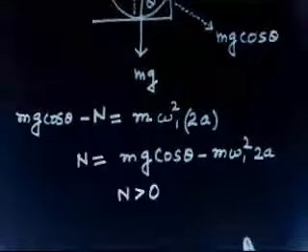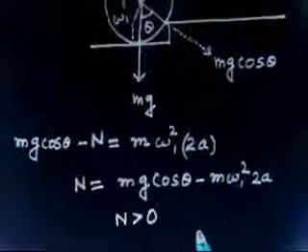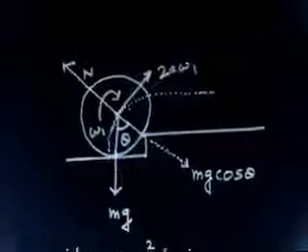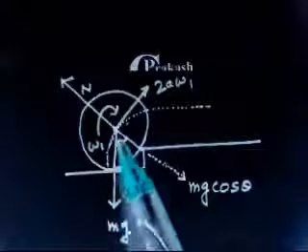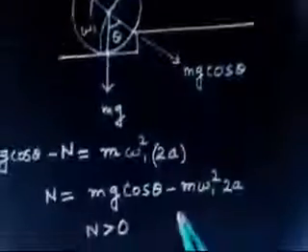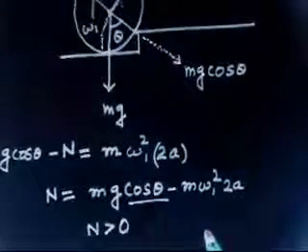If the normal reaction is greater than 0, now look at the normal reaction value. As soon as this starts surmounting up, this theta decreases. So this is the initial theta. After some time this is a smaller theta. If theta decreases, cos theta increases.